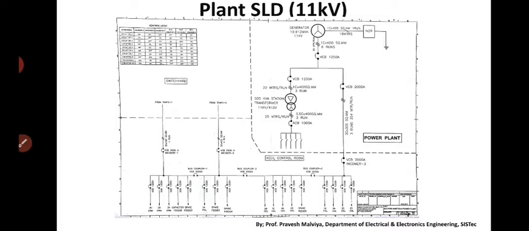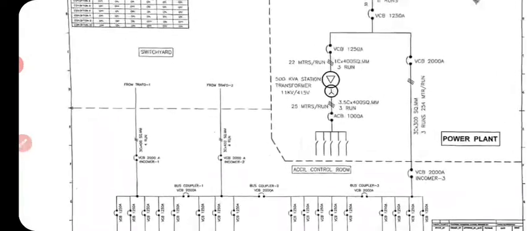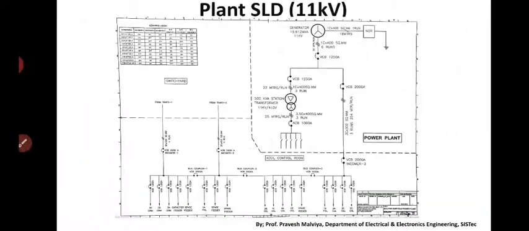Now there is another source, that is the substation. The substation is also charging this 11 kV bus. What is the level of voltage in this bus? This bus has 11 kV of voltage, but we are getting 220 kV from the government line. So the substation is of step down type.